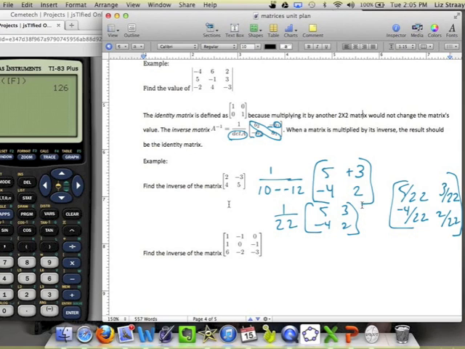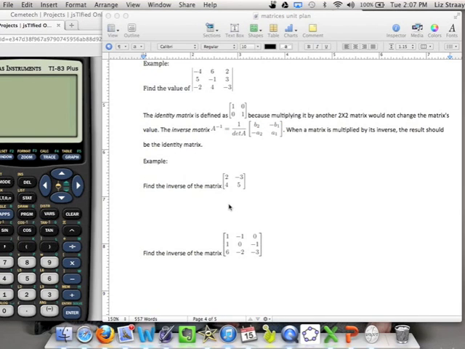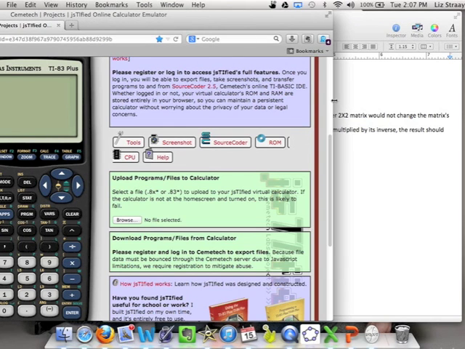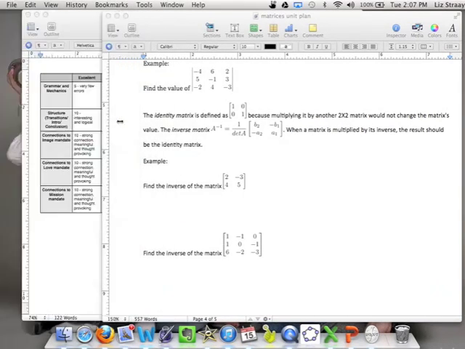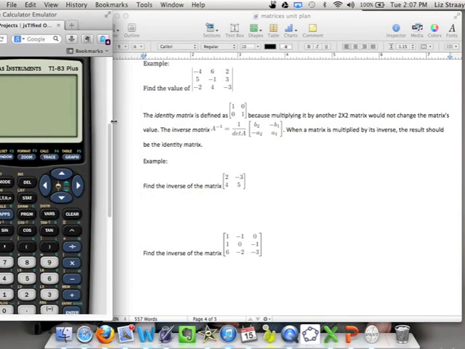I'm going to go into the matrix menu again, and you can just put this one in as matrix F, because we don't need that last one anymore. To enter new ones again, you go over to edit, and then choose which one you want to edit.